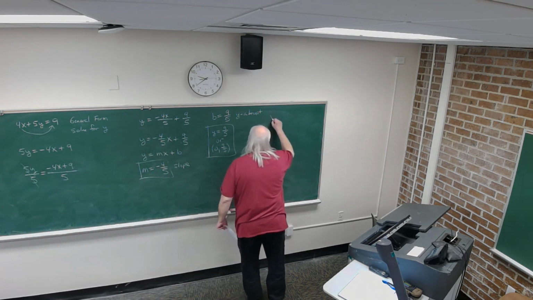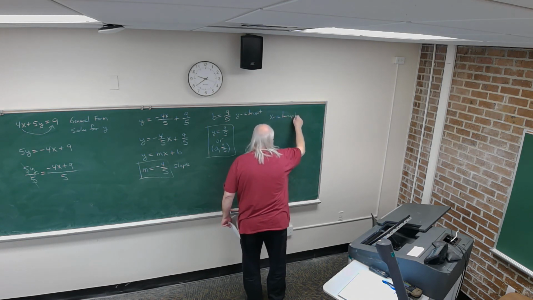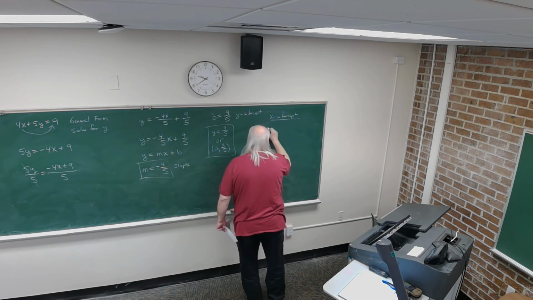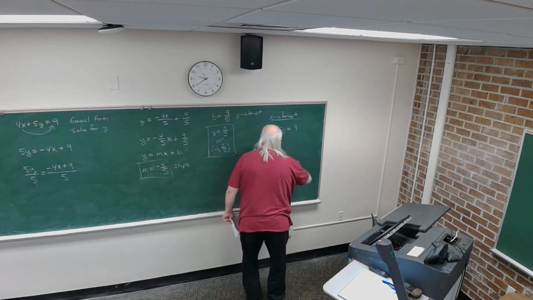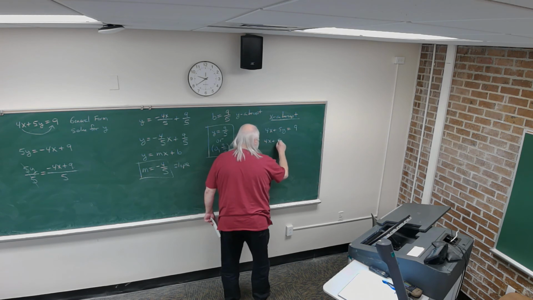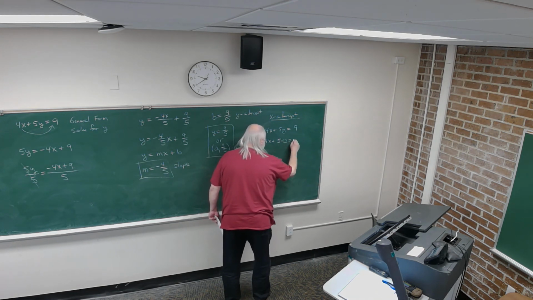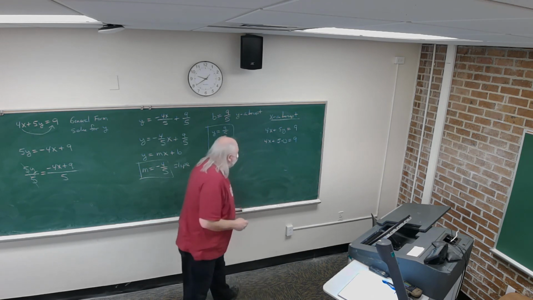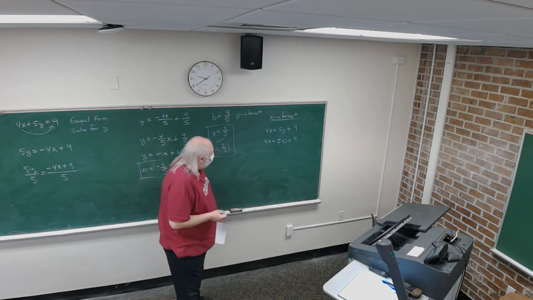So to find the x-intercept, where the graph crosses the x-axis, go back to our original equation. We set y equal to 0. Five times 0 is 0.